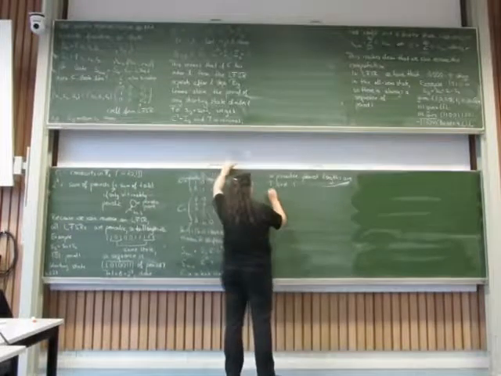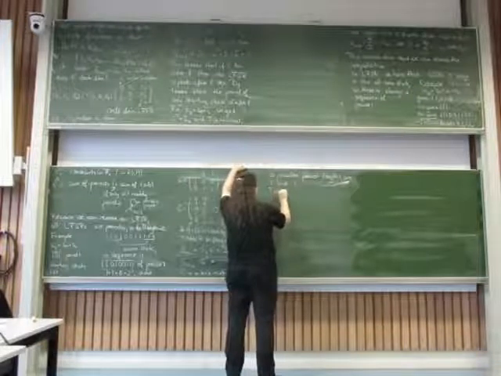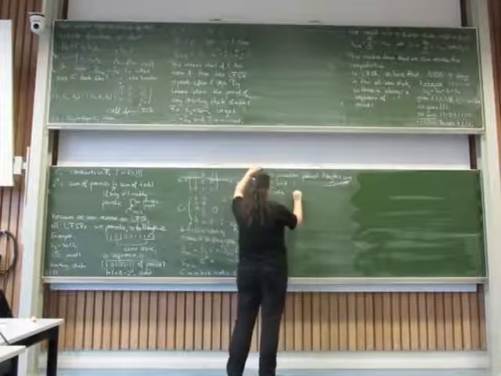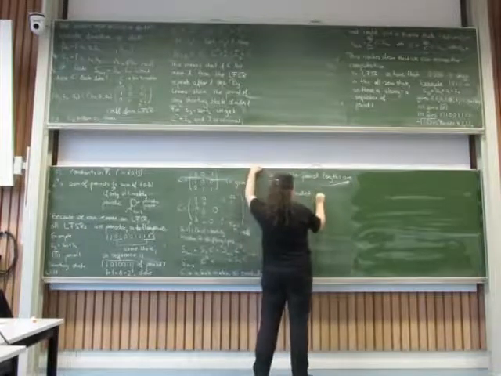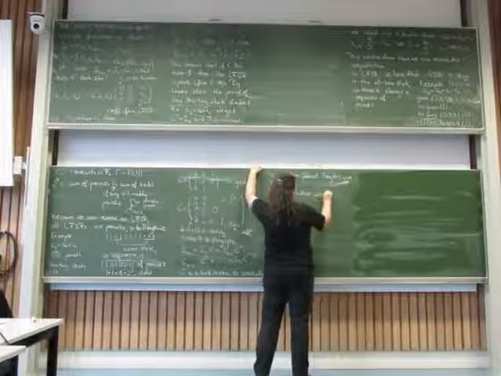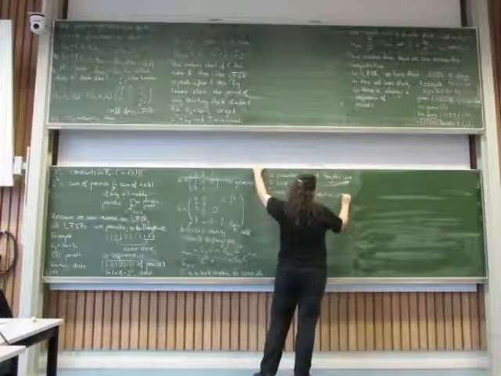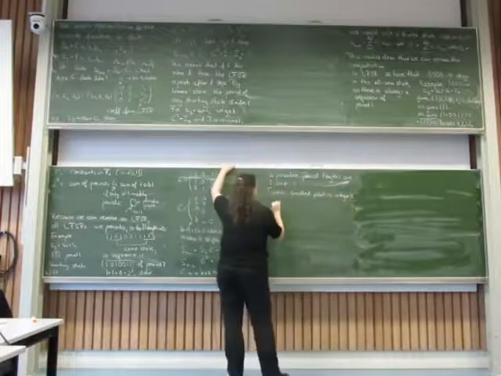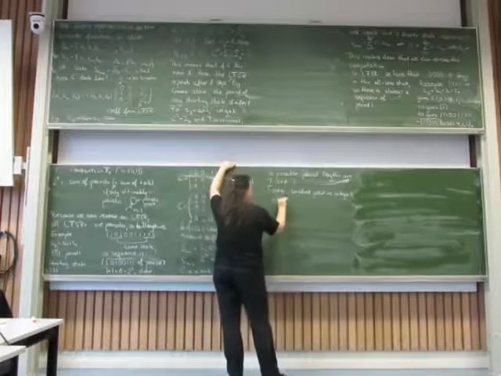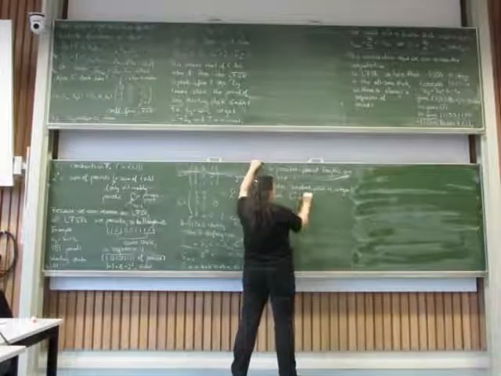Because, just a side comment, the order is the smallest positive integer T with C to the T is the identity.